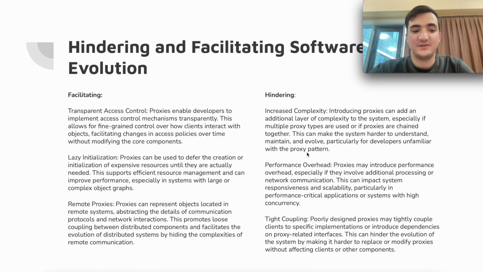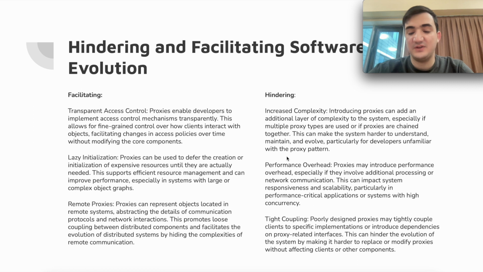And it also allows for better control over how clients interact with objects, and it also facilitates changes in access policies without modifying the component itself. Additionally, as I said earlier, it also promotes lazy initialization. So proxies can be used to defer the creation of initialization of expensive resources until they're actually needed.